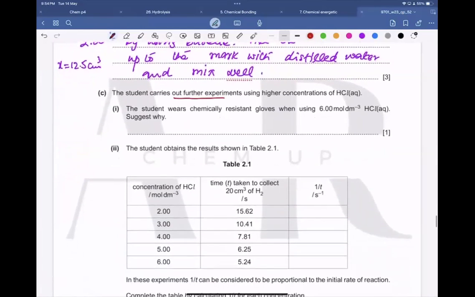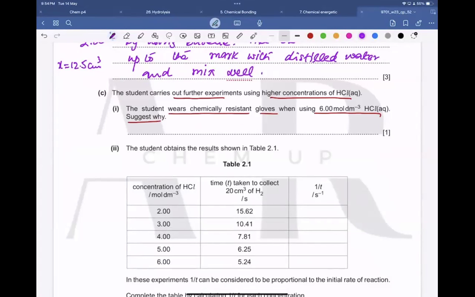The student carries out a further experiment using a higher concentration of HCl. The student wears chemically resistant gloves when using 6 mole per dm cube hydrochloric acid. Suggest why. So see, it's 6 mole per dm cube. It's an acid, and acid is already corrosive.